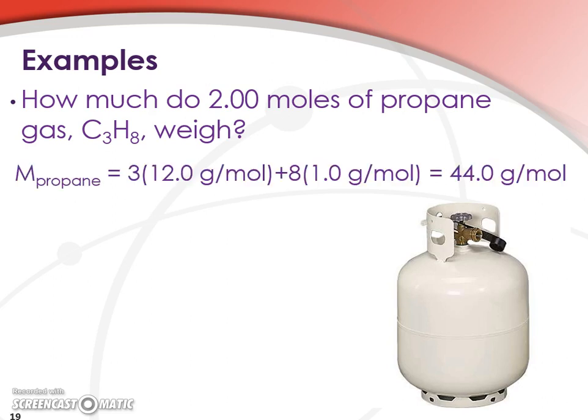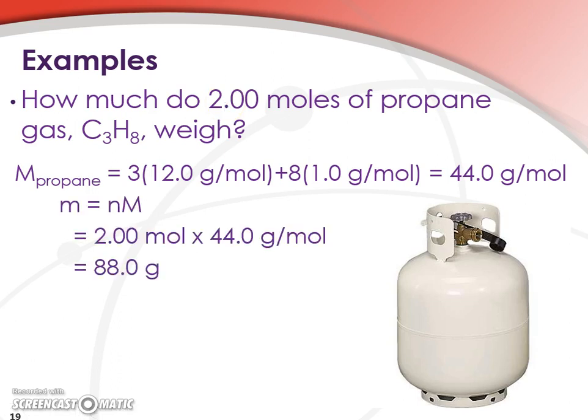We simply calculate the molar mass of propane, 3 times 12 grams per mole, plus 8 times 1 gram per mole for the hydrogen, gives us 44.0 grams per mole. But we have, remember, 2 moles, so we multiply 44.0 times 2 to give us 88 grams. So 2 moles of propane weighs 88 grams.